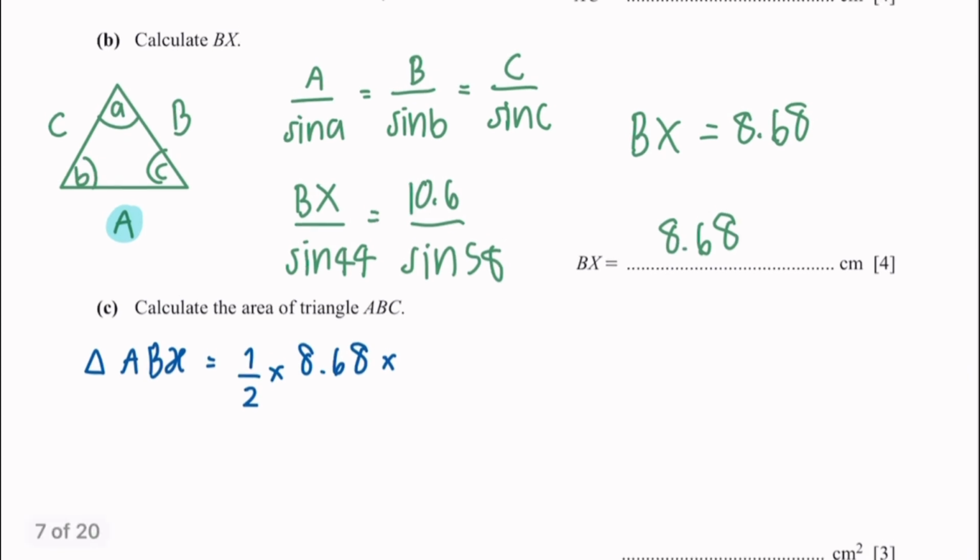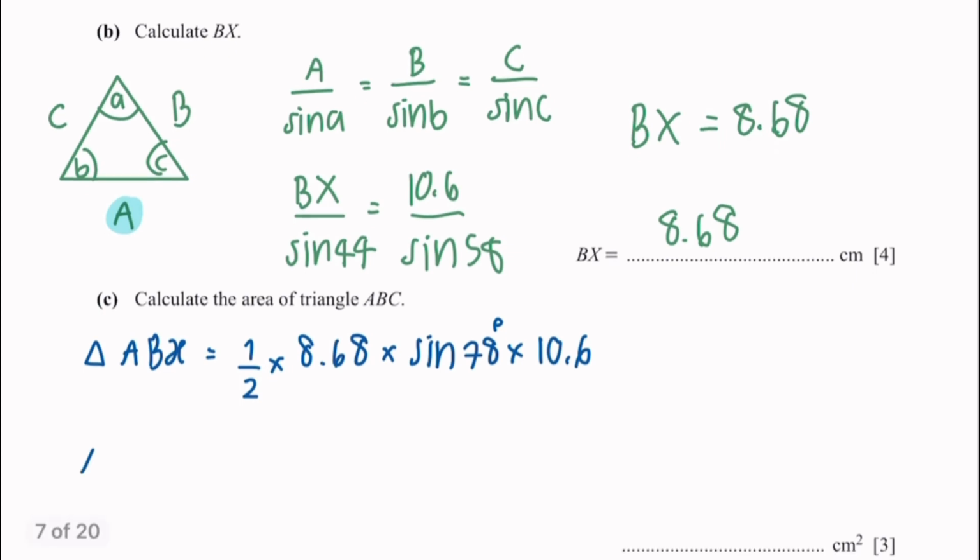But AD is equal to this value. So multiply sin 78 multiply 10.6.